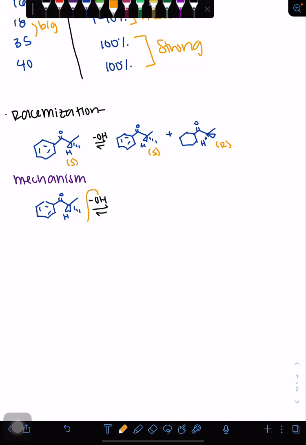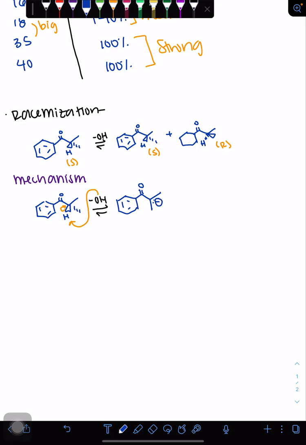This oxygen is going to attach to the hydrogen. This bond is going to go back to that carbon to give us this.